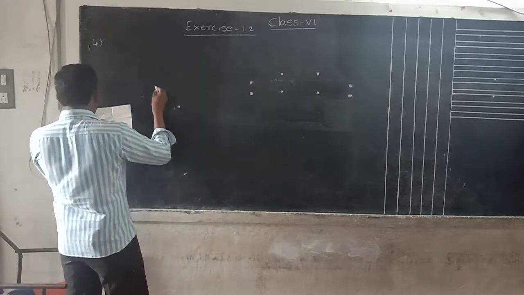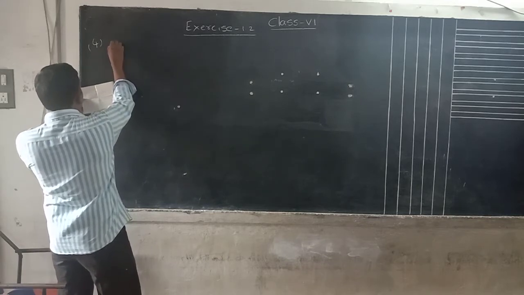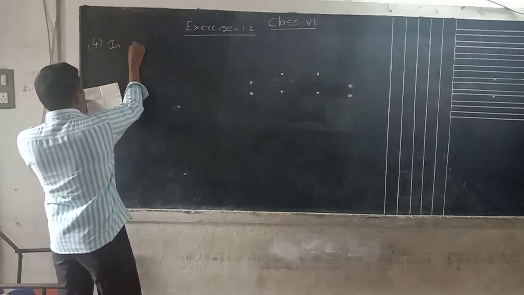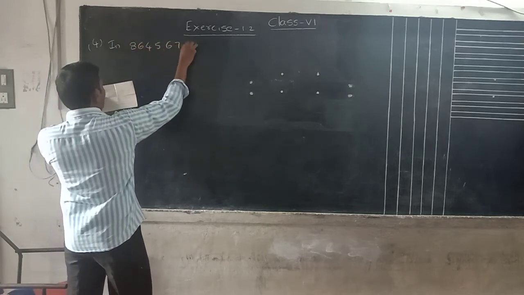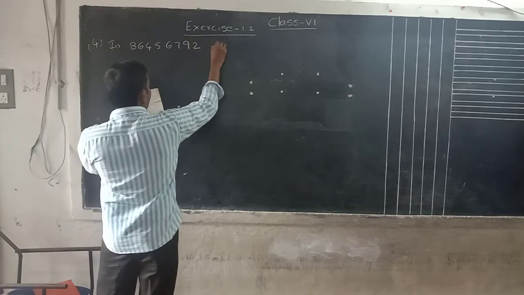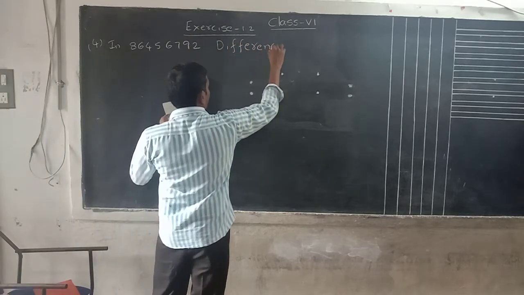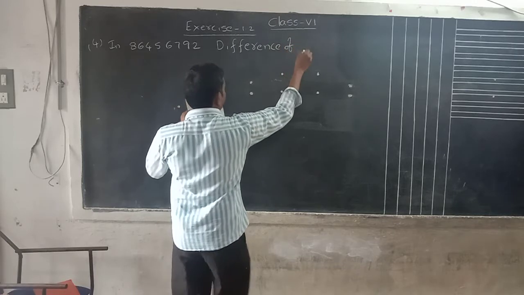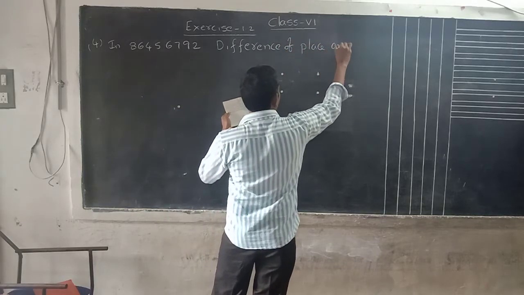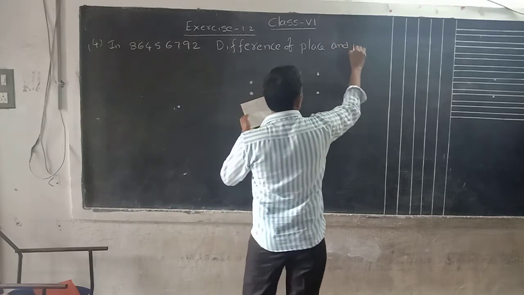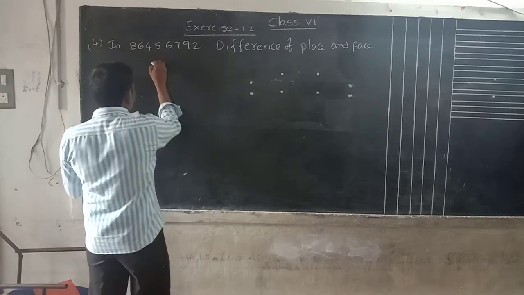What is the question given there? In 8, 6, 4, 5, 6, 7, 9, 2, find the difference of the place value and face value of 6.